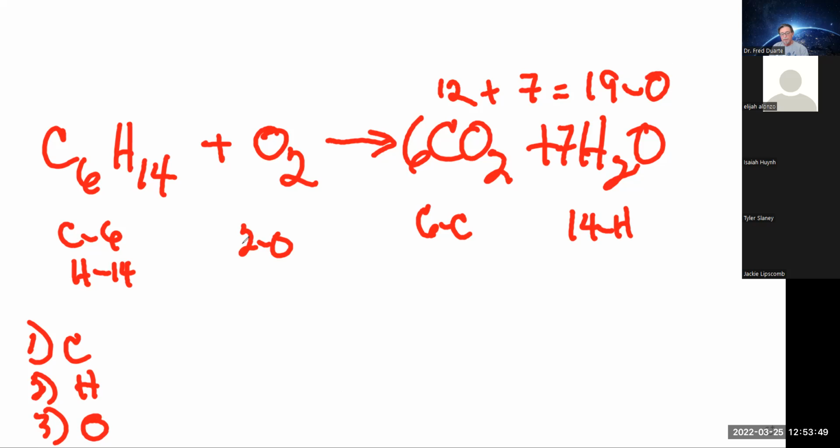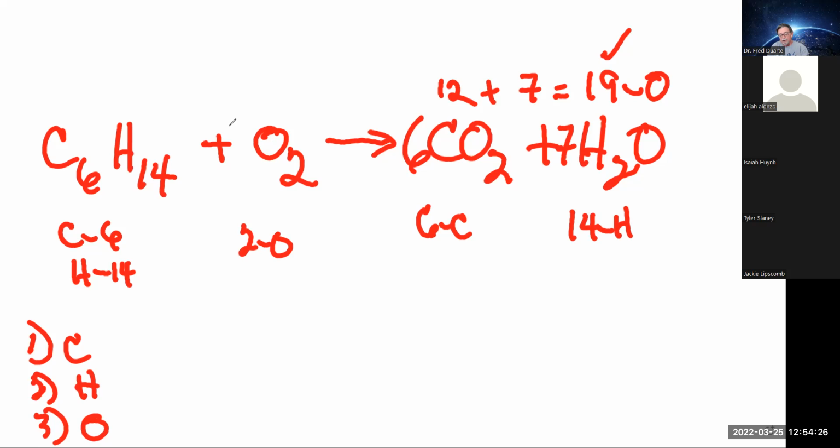19 oxygens, but I got 2 on the left side. So I got an odd number, right? If that would have been 20, then no problem. I just throw a 10 in front of O2 and I'm good to go. But I got a 19. So what you do on a temporary basis is we work with fractions. I need 19 oxygens, but every molecule of oxygen has 2 oxygens, so I only need half of them.